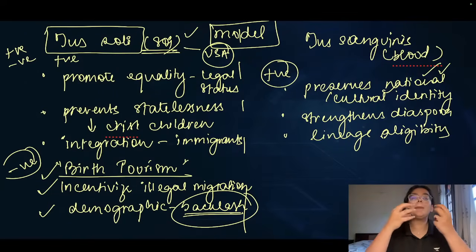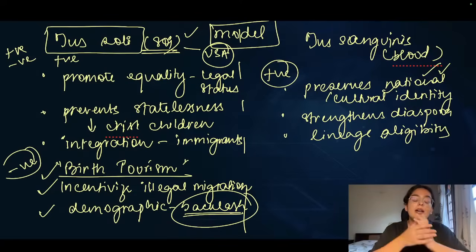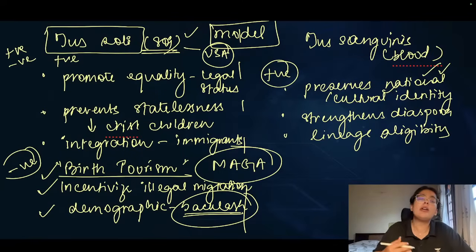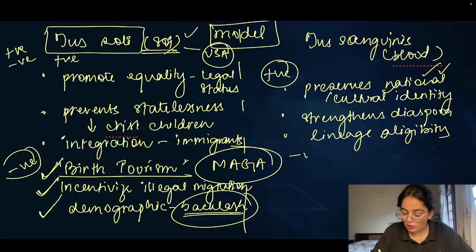This has been a very important right-wing political campaign, also the MAGA campaign, Make America Great Again, or America for the Americans, which is why President Trump is looking at these kind of executive orders to ensure that the incentive for immigration is tough, and not automatically does everyone gain American citizenship. Right? The negatives of this are also there.